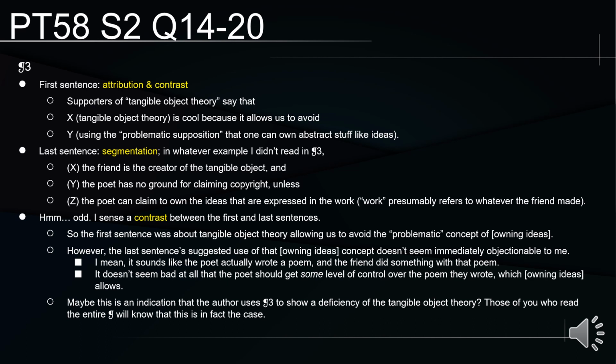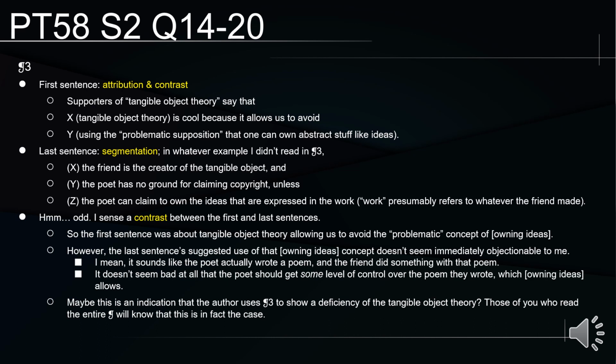I just felt like it seemed right that a poet should have some copyright over their poem, right? They did write it, presumably, and so it just didn't seem like a problematic idea that the poet would use owning the ideas to claim copyright over a work that used their poem.